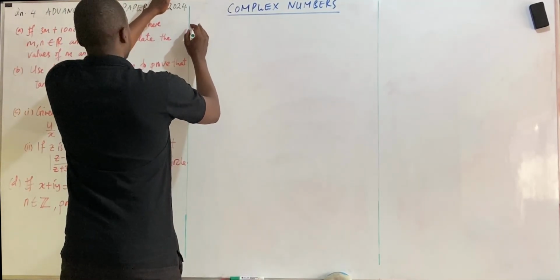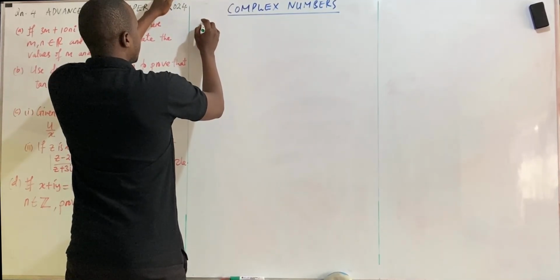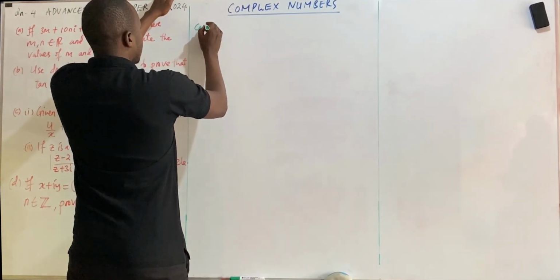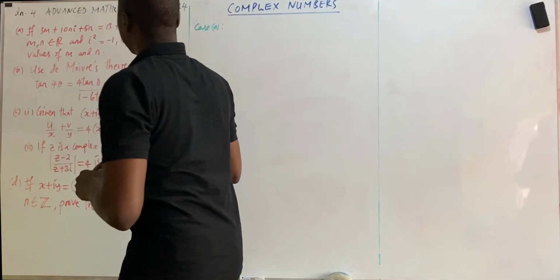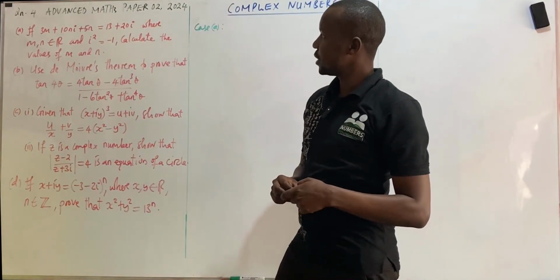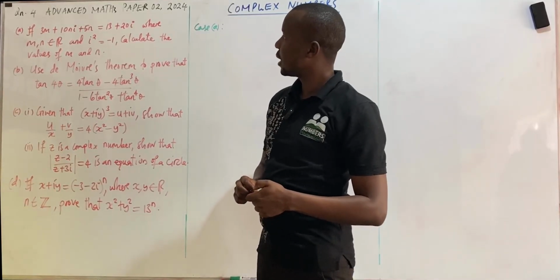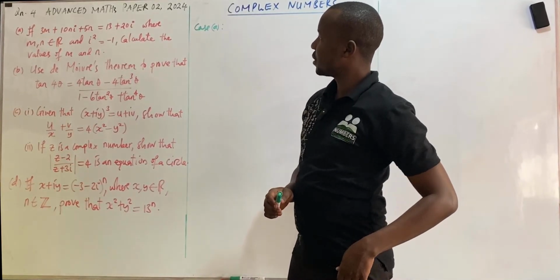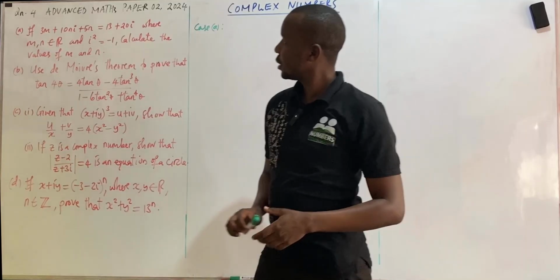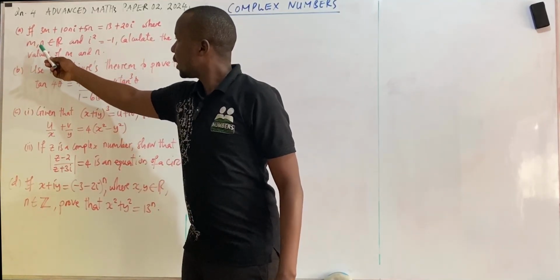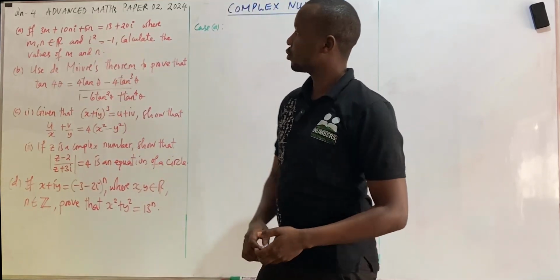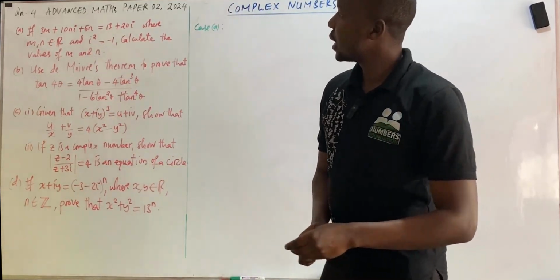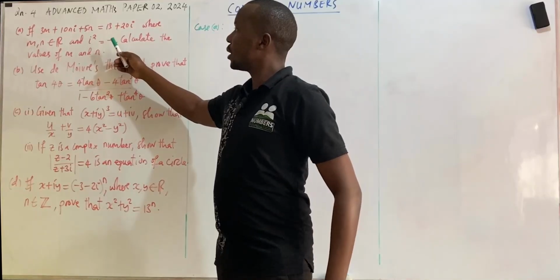How do we solve part A? We are given the condition that 3m + 10ni + 5n = 13 + 20i, where m and n belong to the real numbers, and i squared equals -1.